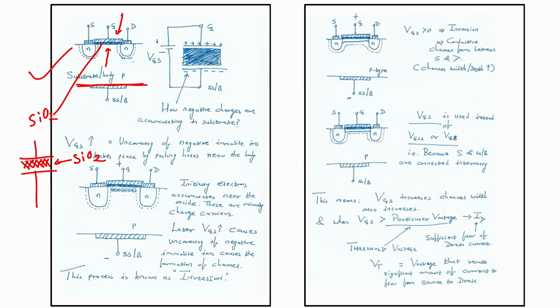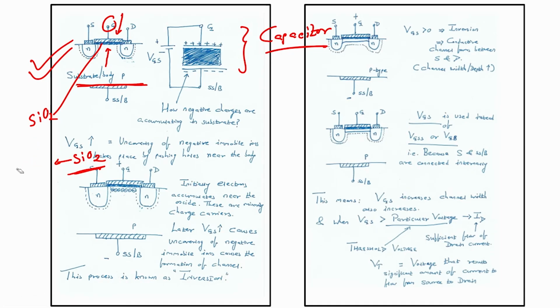Looking at the gate, the body and the oxide, there are two conducting plates separated by a dielectric material. When you have two conducting plates separated by a dielectric material, it becomes a capacitor. That is the definition of a capacitor.